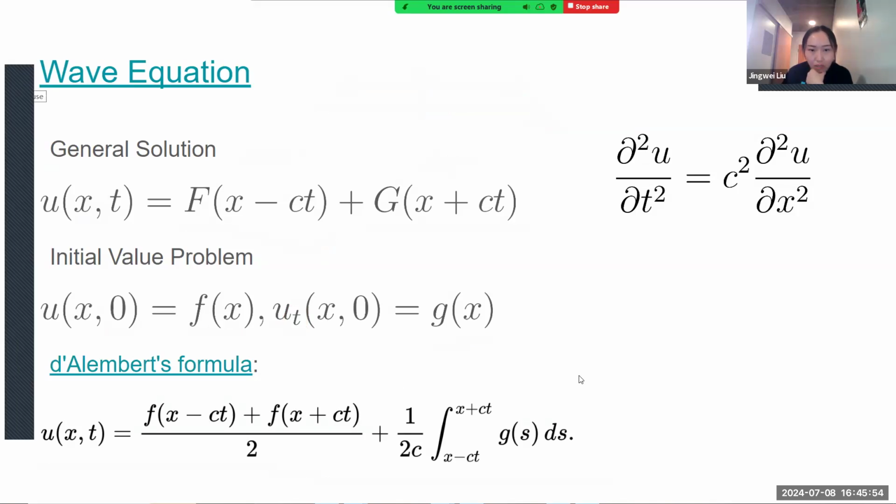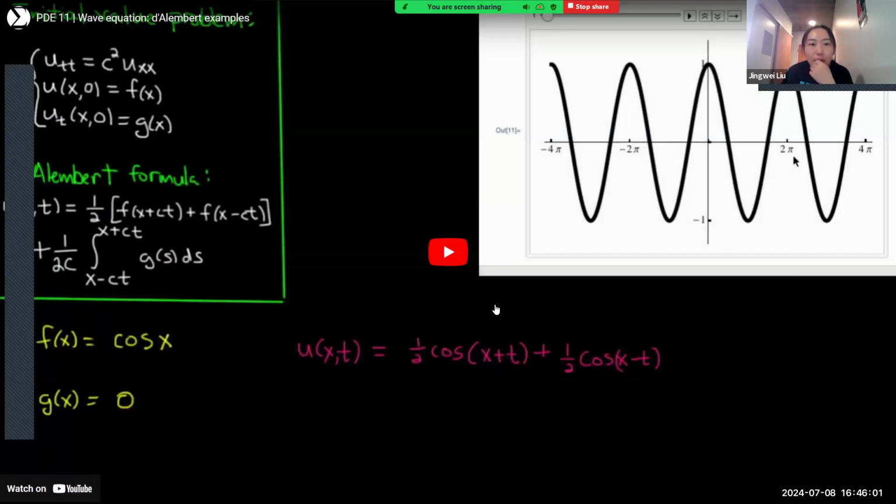Let me see the time. We still have some time. So here is a video that gives you some animation. It shows the visualization of this D'Alembert formula when you have an initial excitation of the sound, and how the wave is produced and how it propagates. So let's watch this.